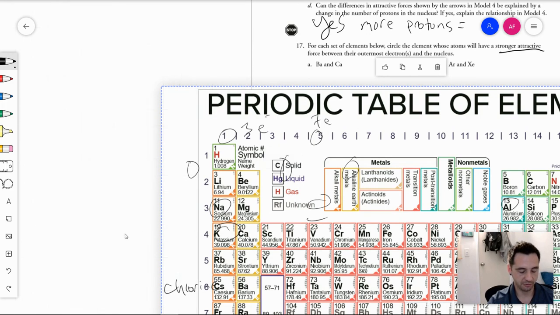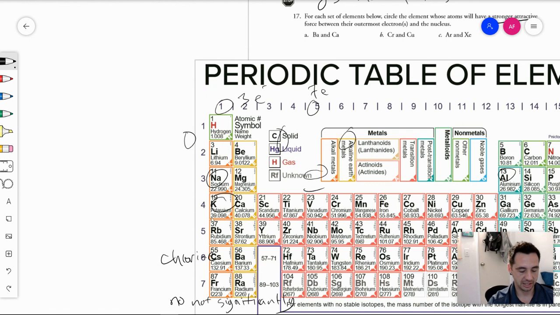As you go down a column, we're adding energy levels, so the distance is increasing. The distance between the protons and electrons in barium will be greater than in calcium. Since barium has more energy levels, its electrons are further away, so calcium has stronger attractive forces.